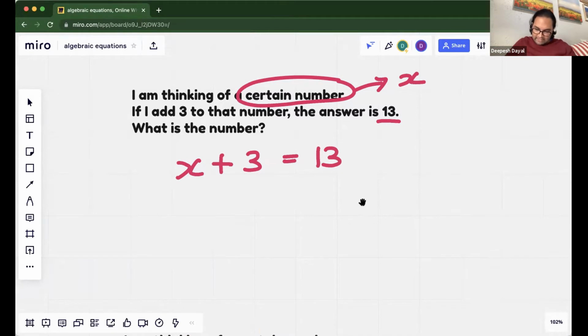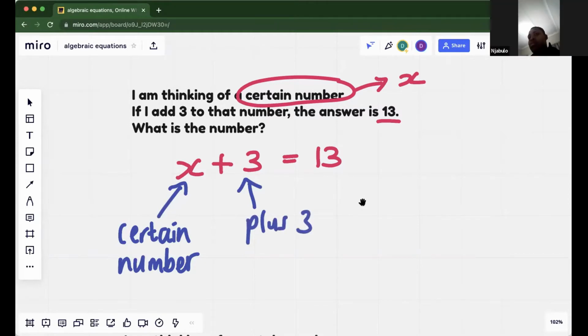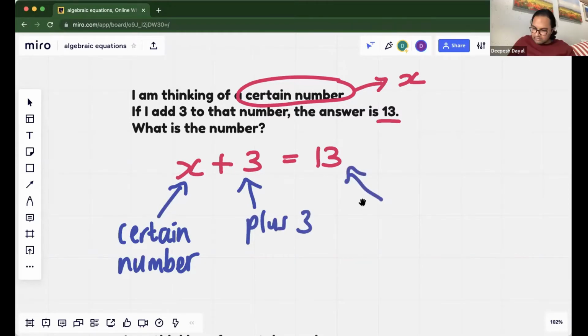This is the certain number, and this is plus 3. That gives you the answer, right? Okay, so this is how we represent the words as an equation.